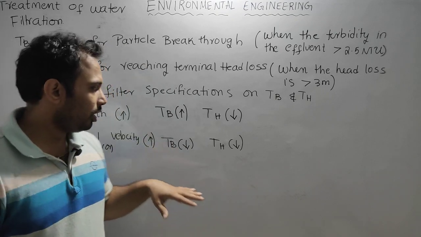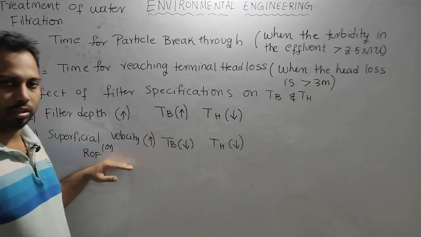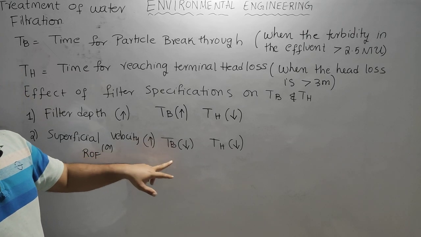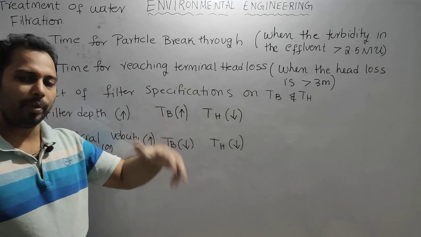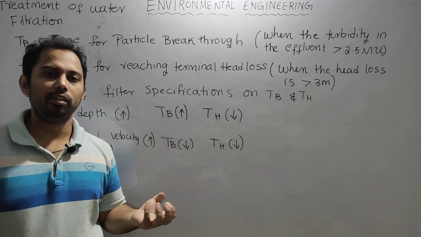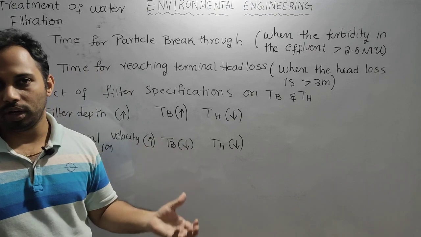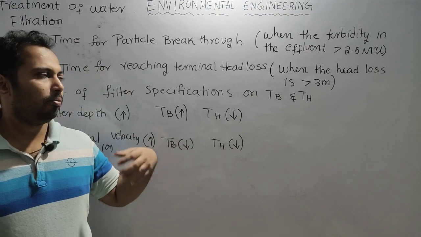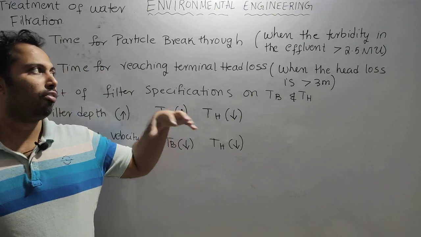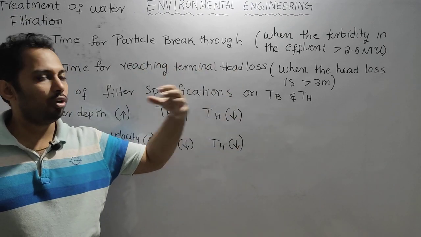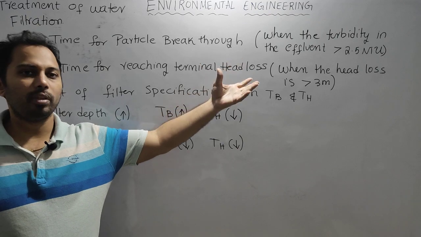That means when you increase the rate of filtration, the time of particle breakthrough decreases, because more water is coming, so more impurity concentration is coming. If more impurity is coming, very fast the filter will get exhausted, and it can no longer stop the effluents.